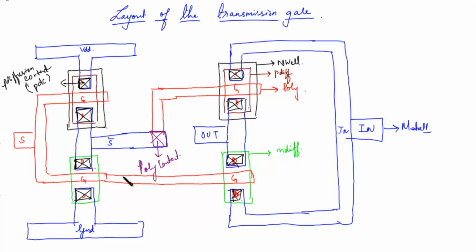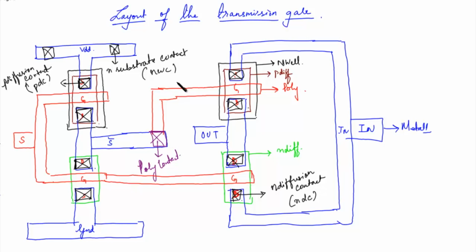So this is the N diffusion contact, that is the NDC contact. Now you have to place the substrate contact. This is the N substrate contact, since it is placed on the N well side, or N well contact.